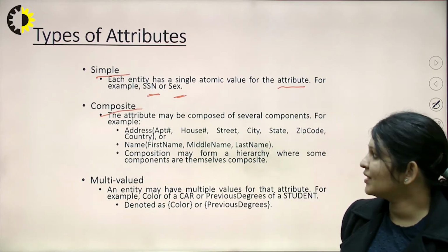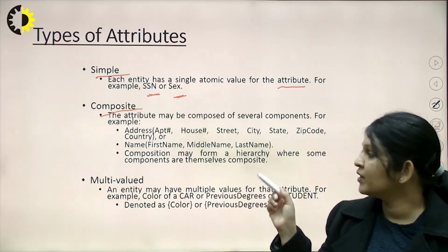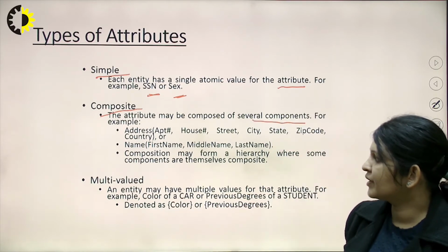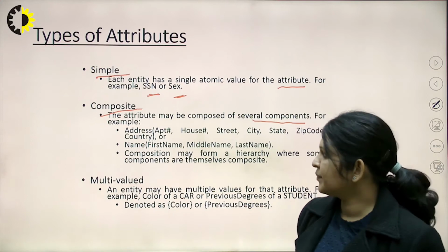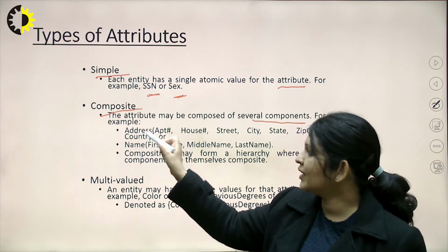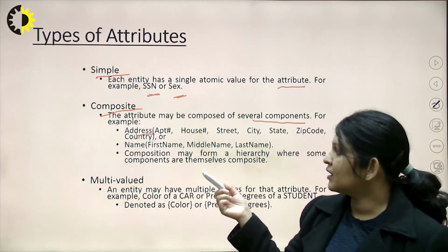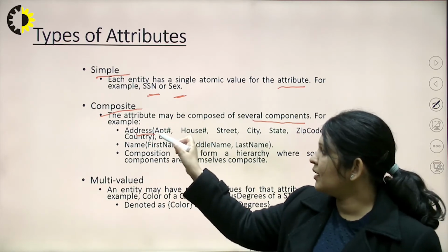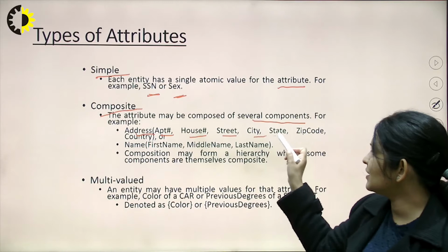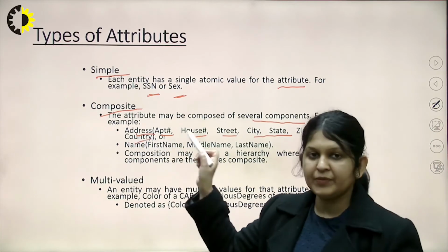Composite attributes are the attributes which may be composed of several components. So we have to take into consideration all the kinds of attributes. For example, the address of a person can be composed of various sub attributes such as apartment number, house, street, city, state, zip code, country.